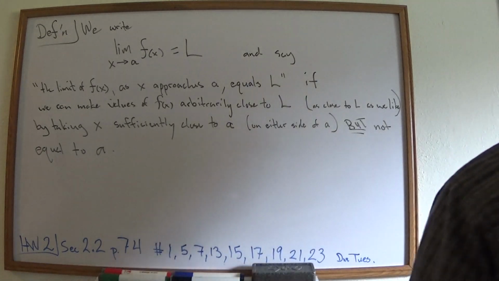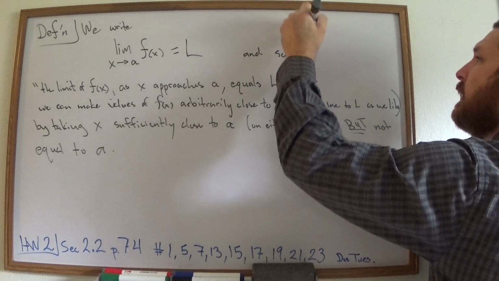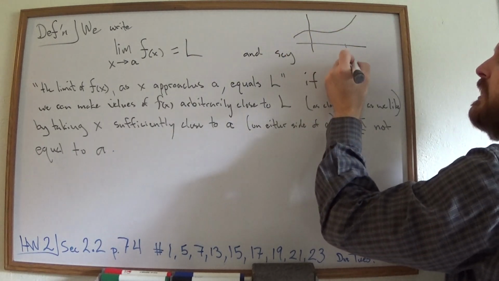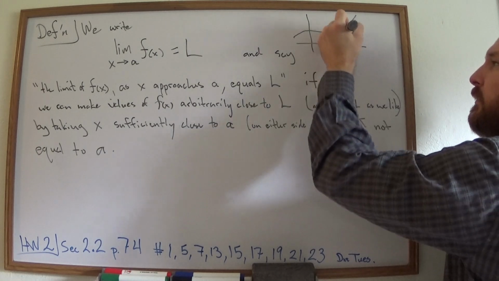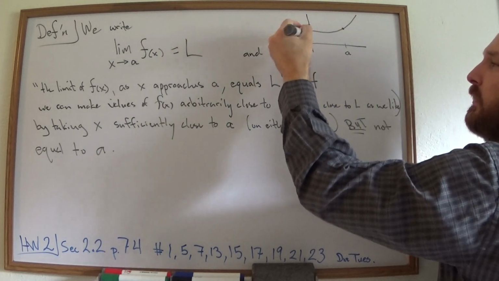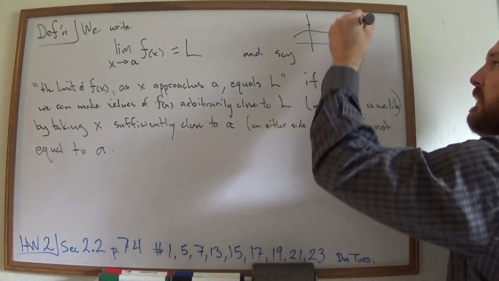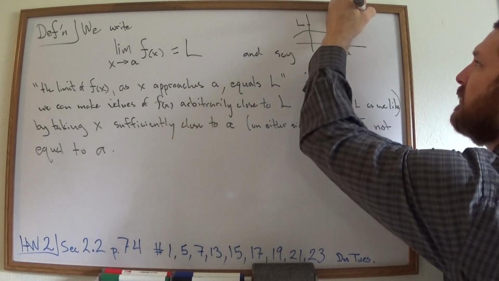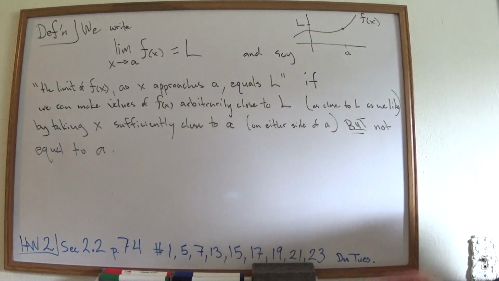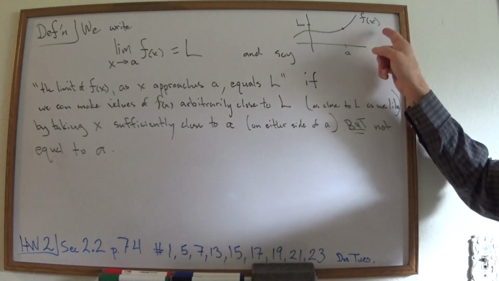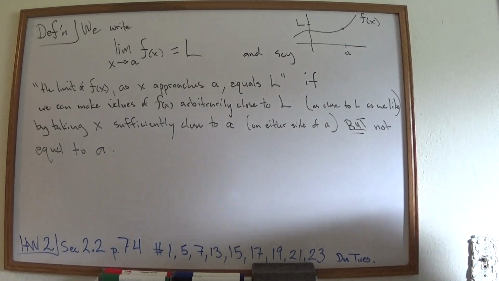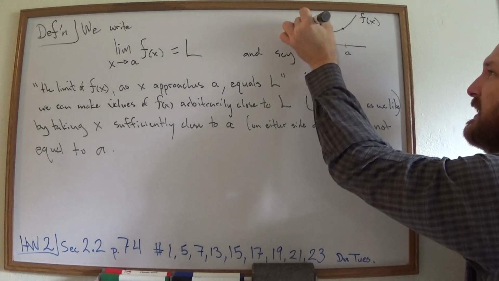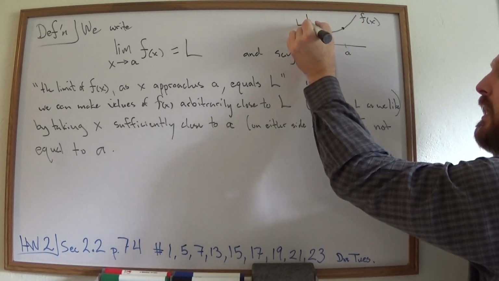So, you have some function. There's some number a right here. And when you plug it in, I guess you get out f of a or whatever it is. But what we're saying here is that, so if this is f of x right here, we say the limit of f of x as x approaches a means that you give me any distance away from L right here.